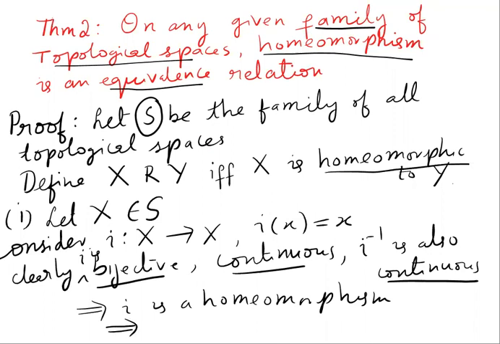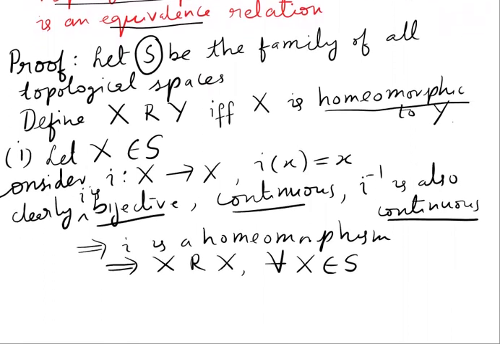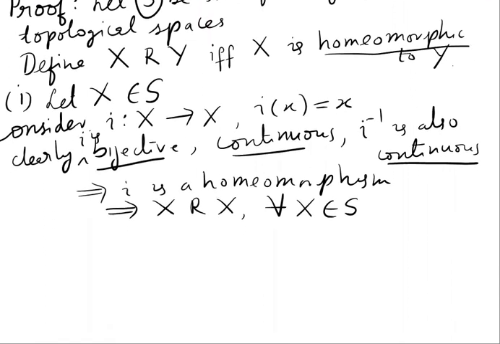So X is related to X, and this is happening for any X coming from S. Therefore R is reflexive. We have proved the relation is reflexive. We can call this 1.